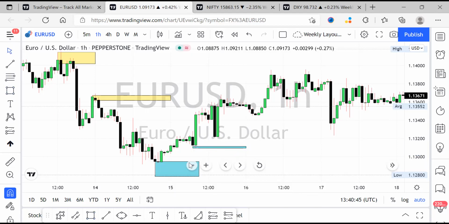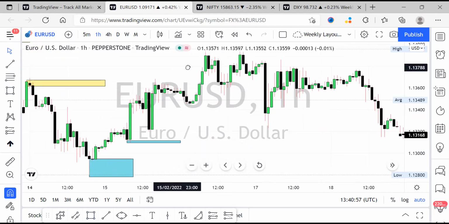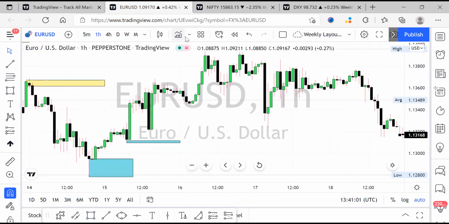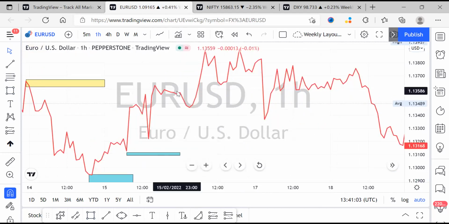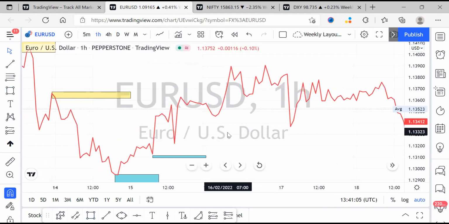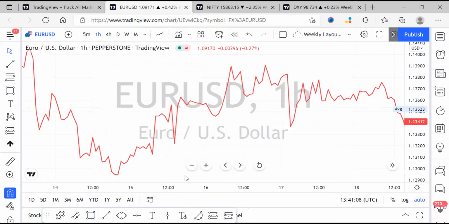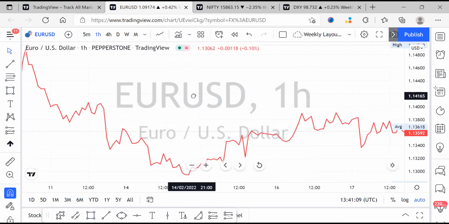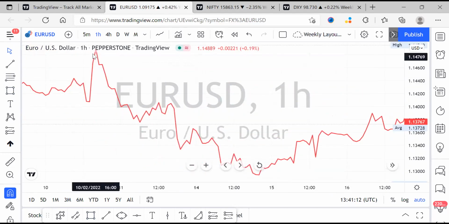Price goes up, price goes down, but it doesn't take that zone out. This is also telling you that the buyers took control of the sellers in this position. Price is going up, goes back down, goes up, and it'll keep on doing the same thing until it reverses again. If we look at this from a line chart, and take the drawings off, you want to see mountain tops and valleys.